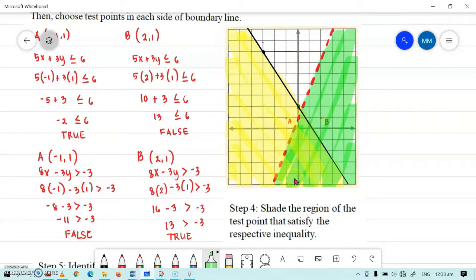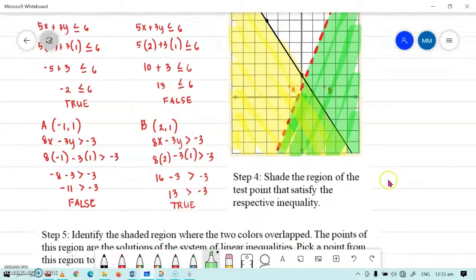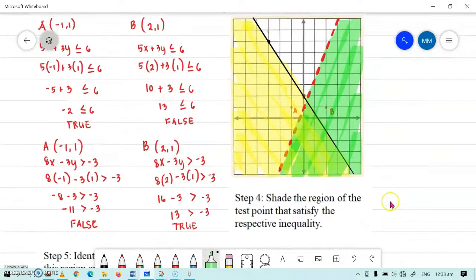Okay, so now that we are done with the shading, we can already identify the overlapping shaded region in our graph. That overlapping shaded region contains the points that satisfy the system of inequality that we have here in example 2.